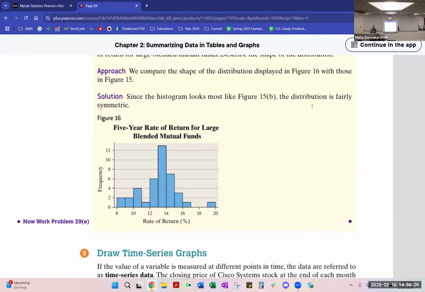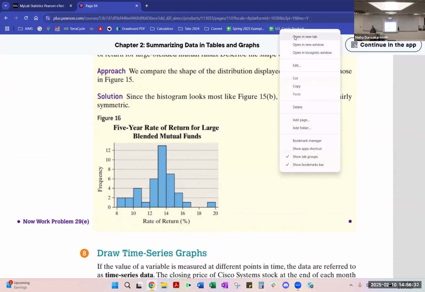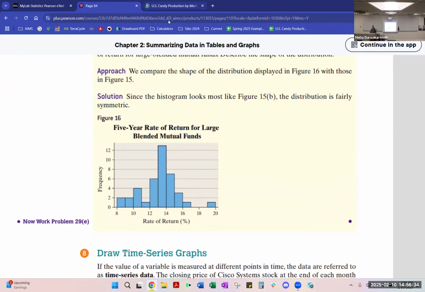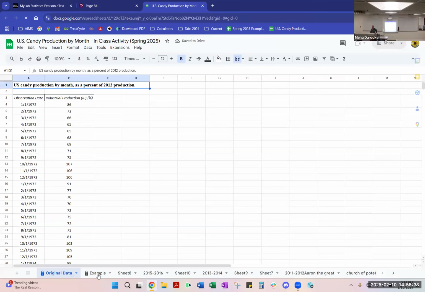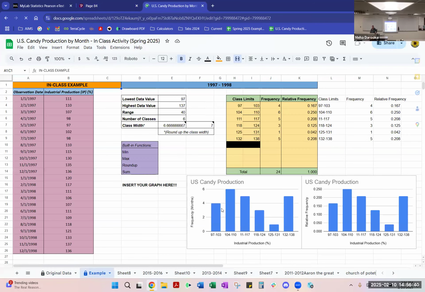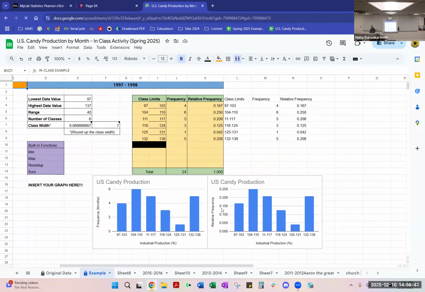If we look at the graphs you guys had done last class, open up what you guys did last class. So this was my example, and you can see how different my example looks because it's trying to look like it's skewed to the right, but then I get that spike at the end, right?